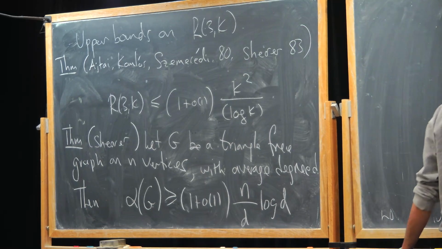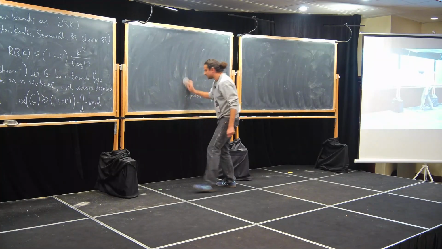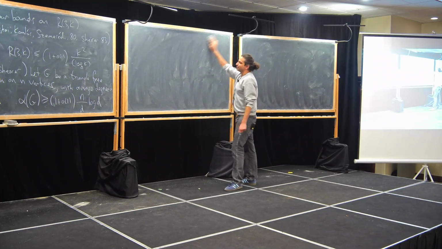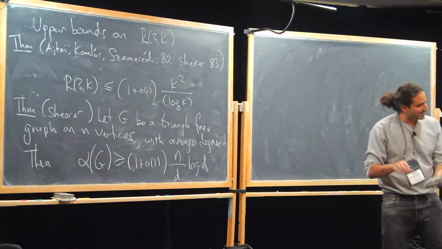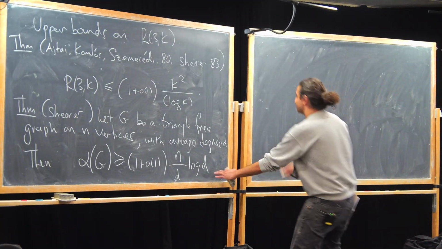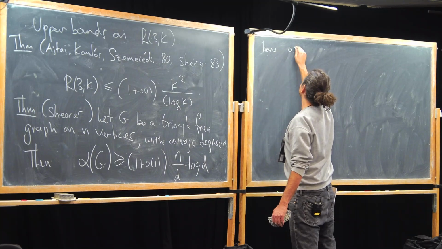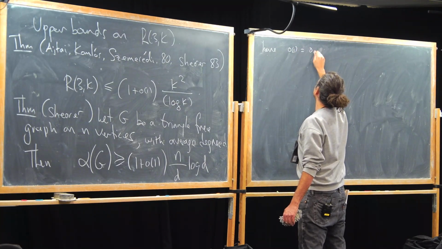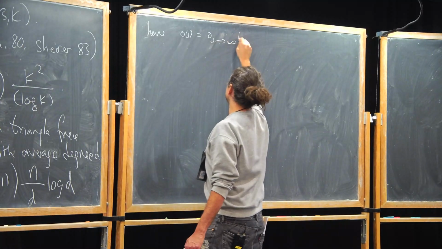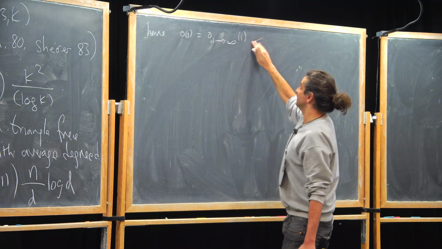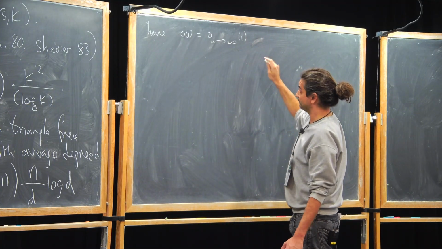But this makes sense for us because, of course, we're interested in graphs that typically have degree around square root n. So that's really the interest here. So here, o(1) tends to 0 as d tends to infinity.